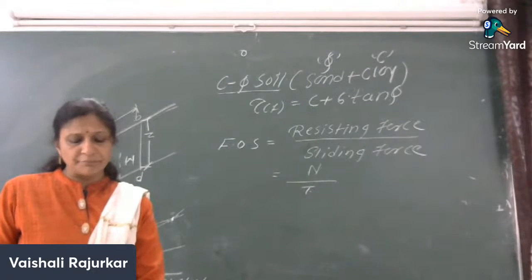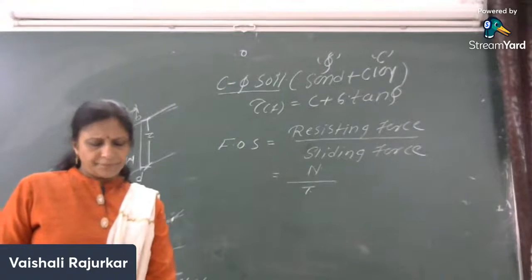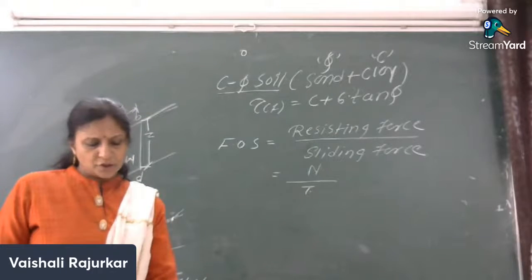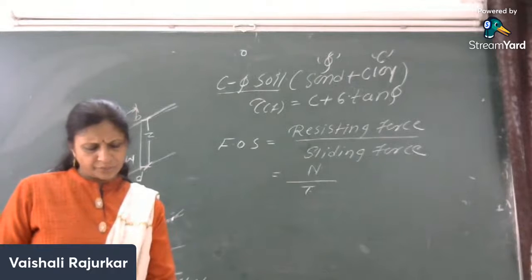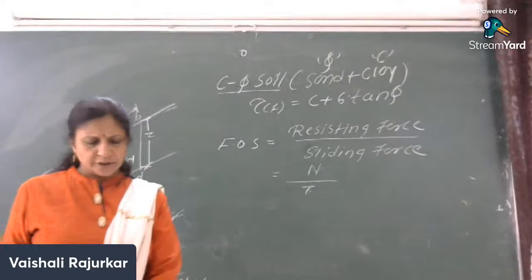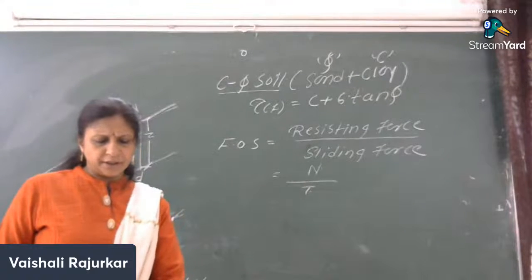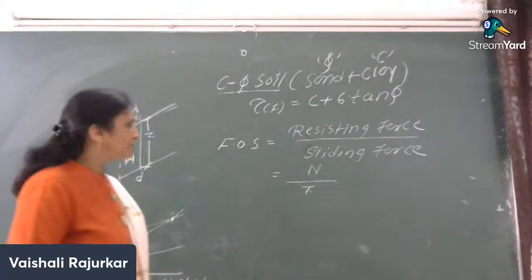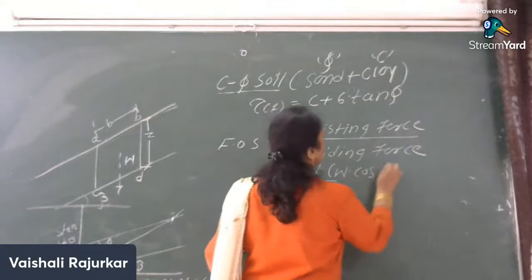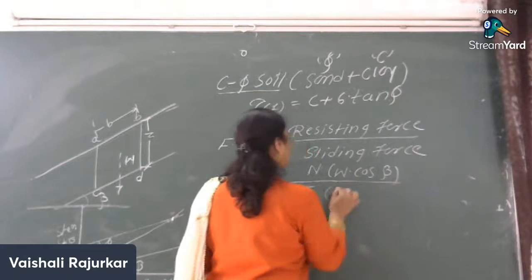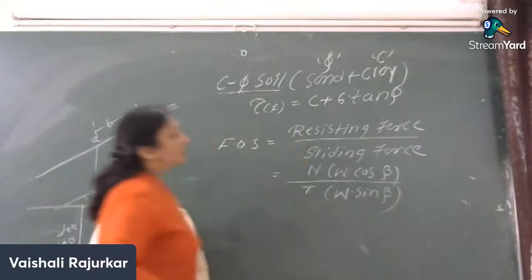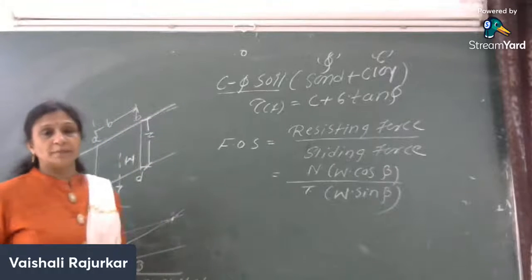N is the normal component of W. So N is W cos beta, and here T is W sin beta. So the factor of safety is W cos beta upon W sin beta.